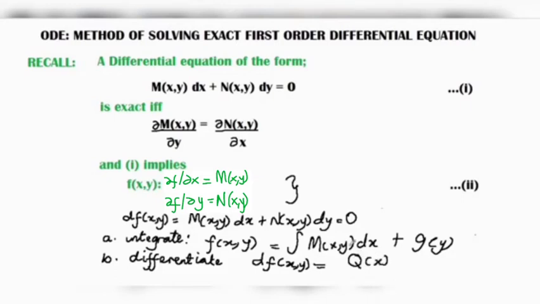But you know I'm differentiating this function, so it becomes prime, plus, let's not forget how I got that q of x, plus g prime of y. So this should be q of x,y, because M is a function of x,y. So my q of x,y is equal to the integral of M dx, just for you to know.